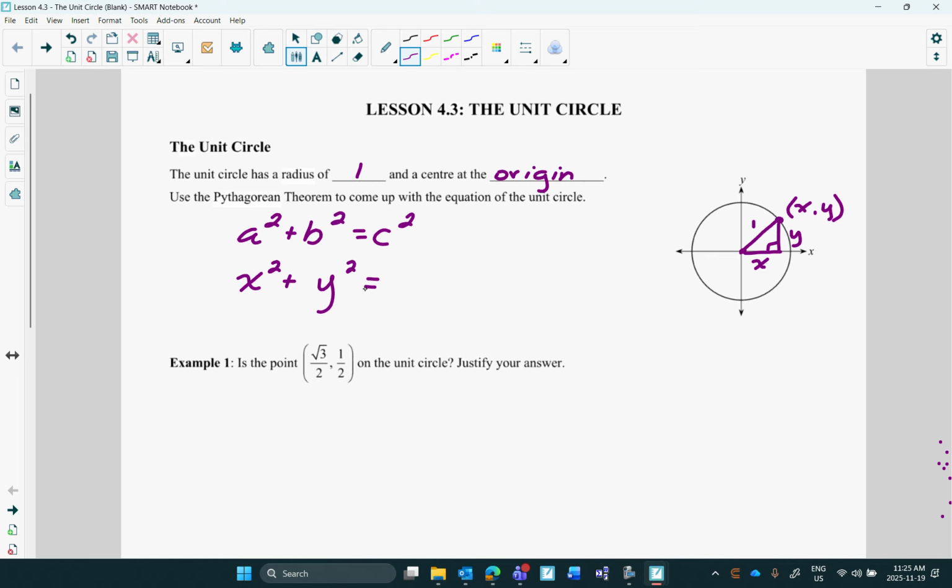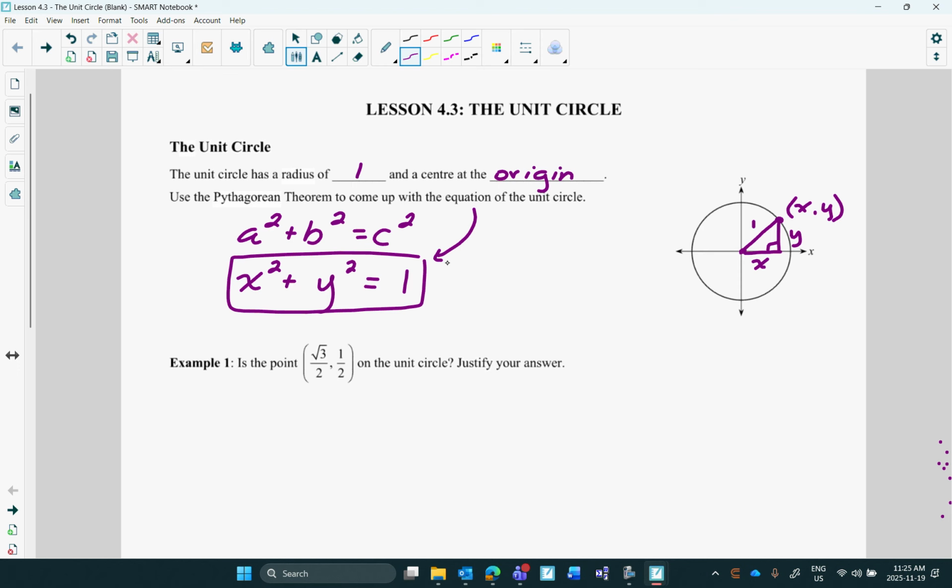And the hypotenuse is the same as the radius of a unit circle, which is 1 squared, which is 1. This is the equation of the unit circle.